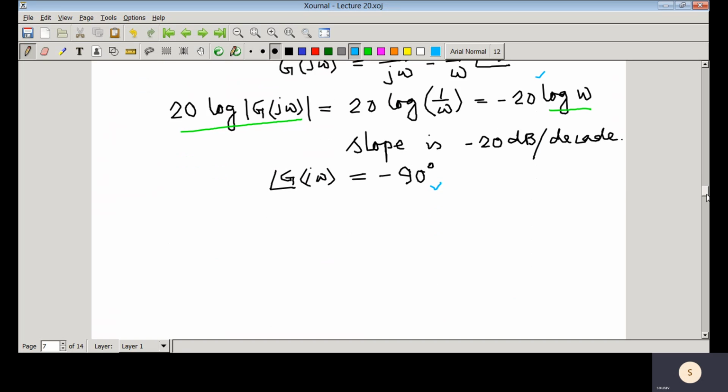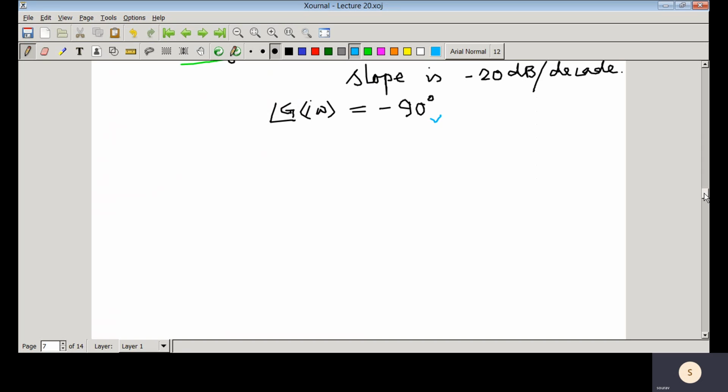So let us see whenever we have a second order factor, what would be the Bode plot? What is the Bode plot for a second order factor, G(s) equal to s square plus twice zeta omega n s plus omega n square?